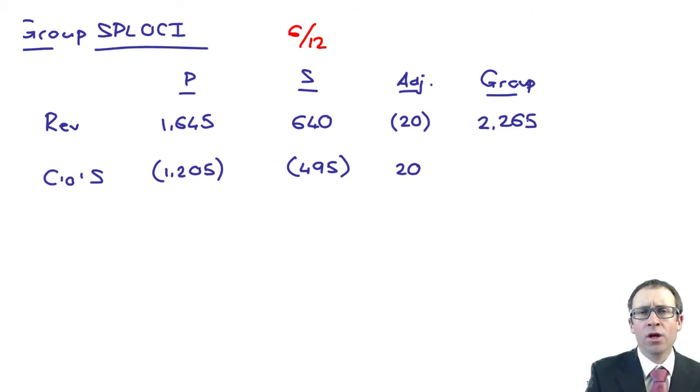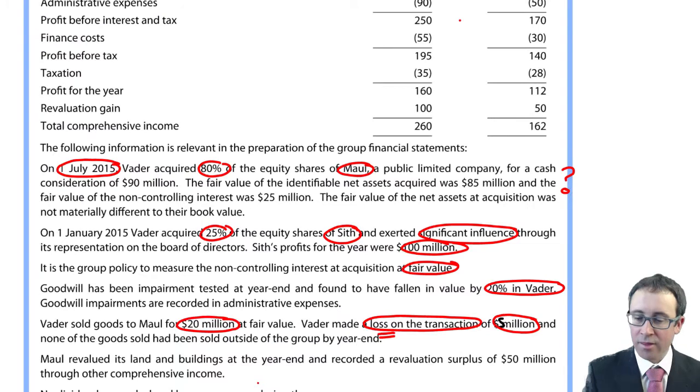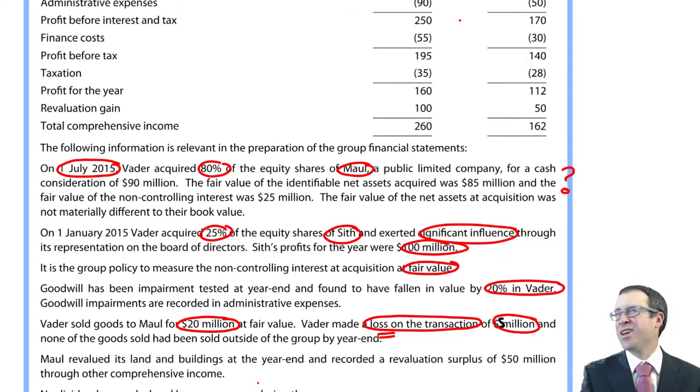Excellent. There was no material difference between the fair value of the net assets and the book value, so there was no depreciation. You think there will be a PUP adjustment, like a provision for an unrealized loss. But if you've made a loss on the transaction, the assumption there is that that loss is at arm's length. And therefore, it's prudent, isn't it, to recognize that loss.